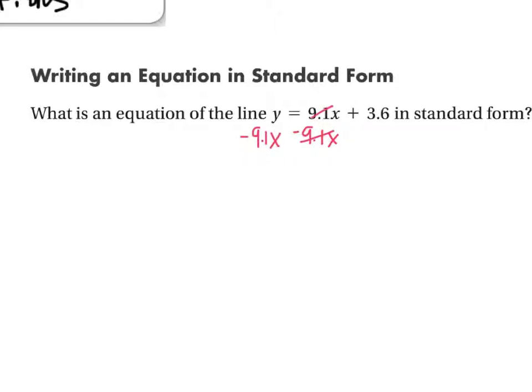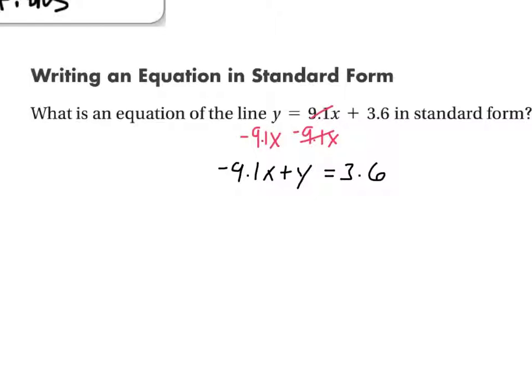We have to write the x first, so we have negative 9.1x plus y equals 3.6.